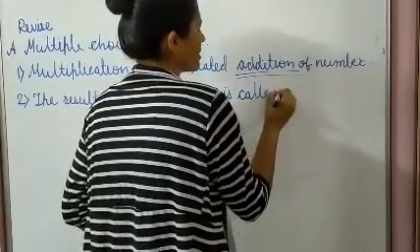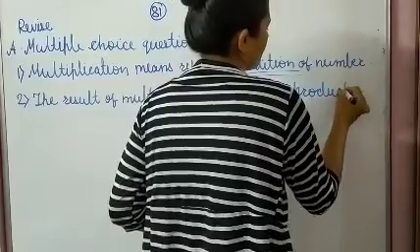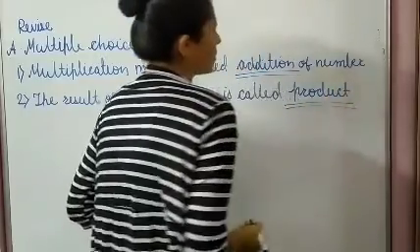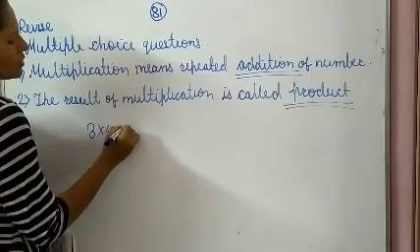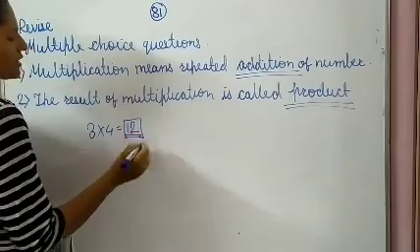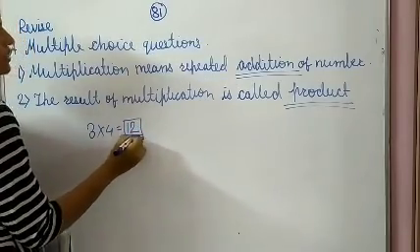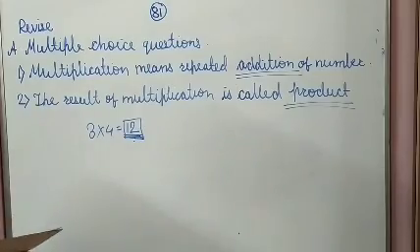Means what is your answer? That answer is called product. Suppose 3 4s are 12. So here this 12 is the answer, and this we call the product. 12 is the product of 3 into 4.